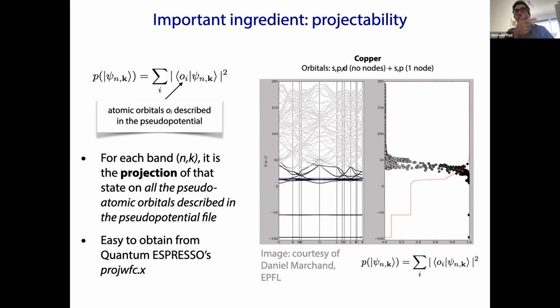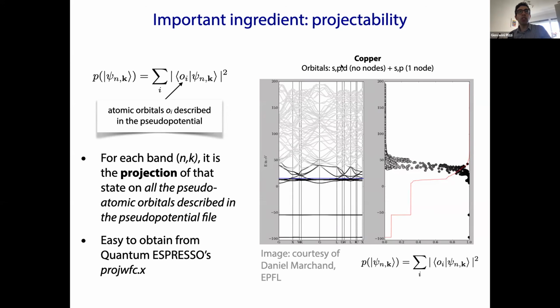These are 1 plus 3 plus 5 plus 1 plus 3, so something of the order of 10, 15. You do the projectability and discover that's my Fermi energy. Up to here, all the ones below have a projectability which is 1 or almost 1. Fine. Then I know that I will be able to find Wannier functions which reproduce my states.